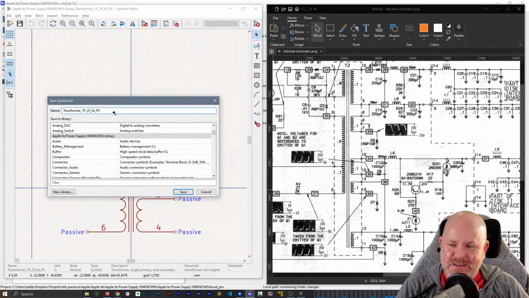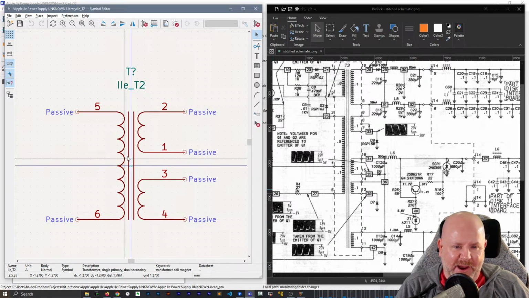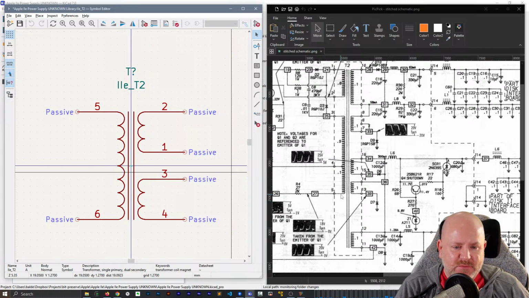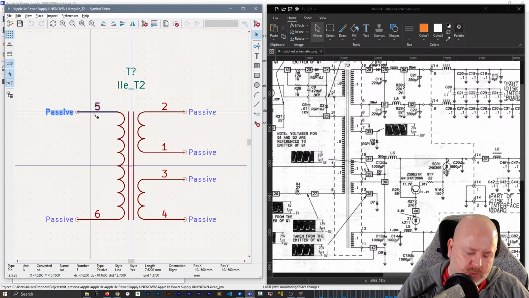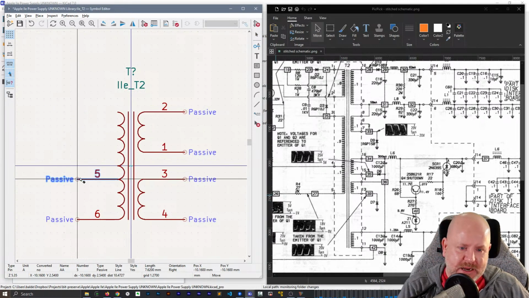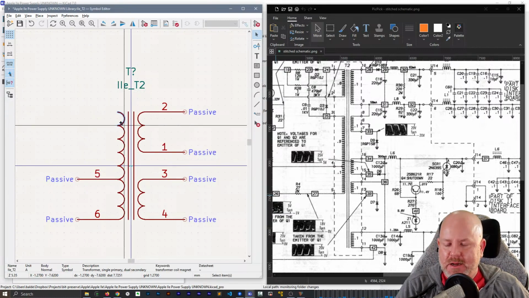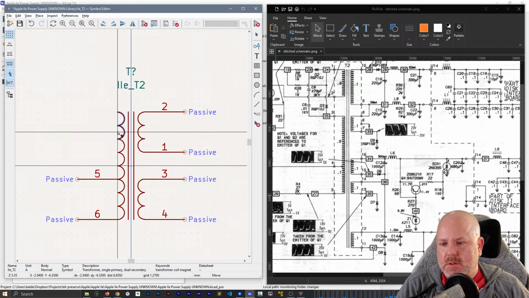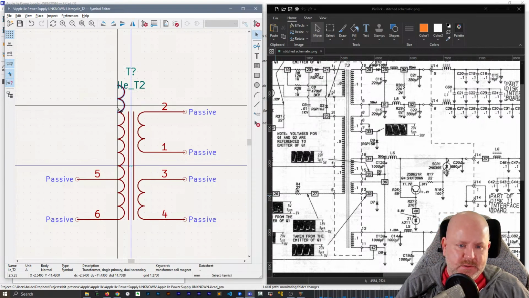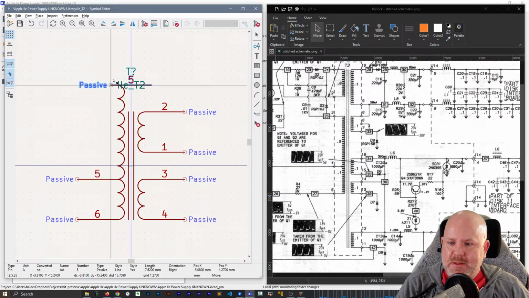I'm just going to call this the 2ET2. Okay, so starting from the bottom, I'm going to move one of my taps here, and then let's grab one of these. Whoops. I'm going to paste that again, and then I'm going to copy this pin up to here.